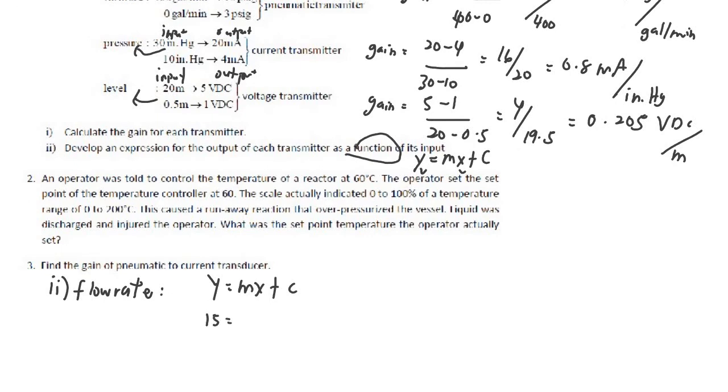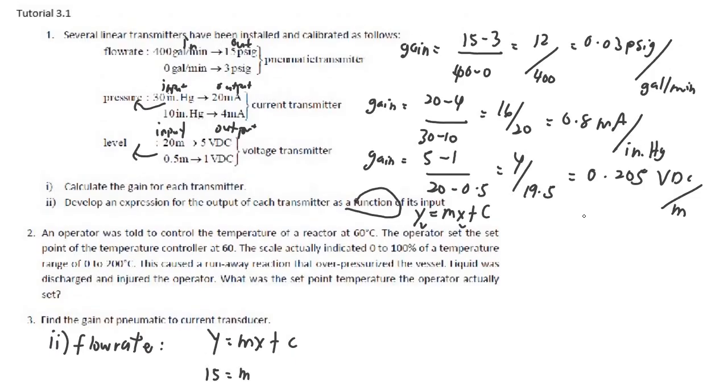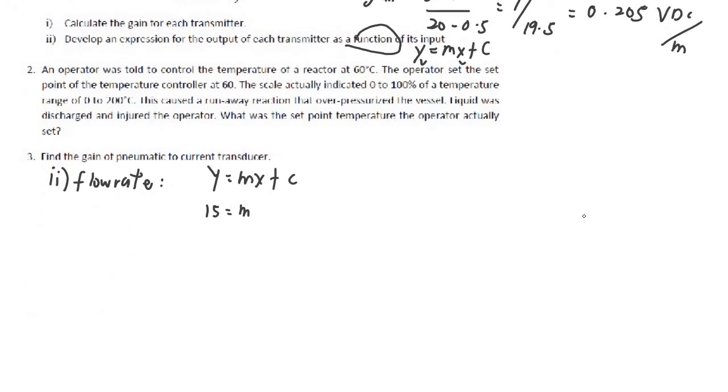The value of m is basically the gradient of the graph, and the gradient is the gain. We don't key in the value of m first. We change the value of x to the input, which is 400, so this one would be m times 400 plus c.